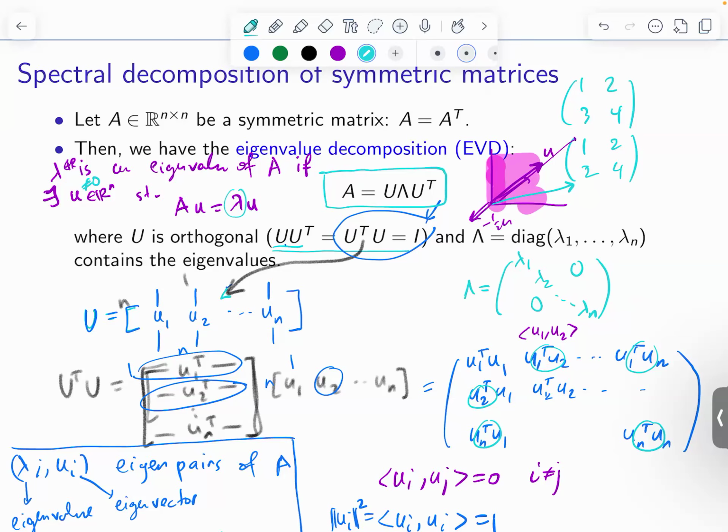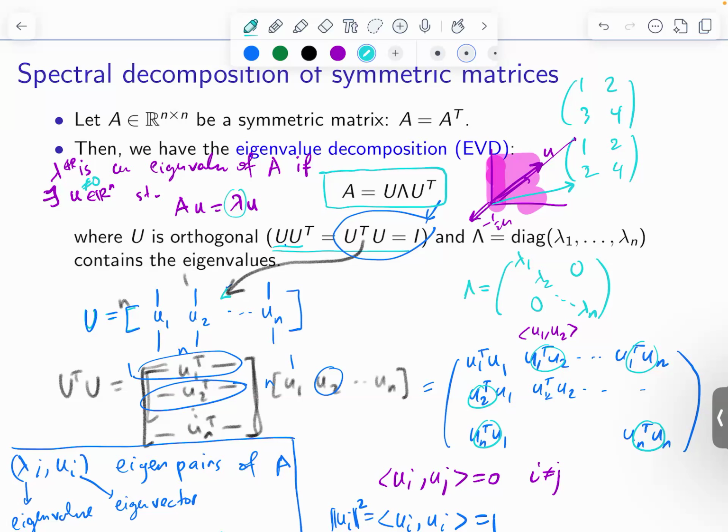Okay, so the way that U and lambda are constructed is from the eigenvalues and eigenvectors. And in fact, if I give you a decomposition like this and tell you that U is orthogonal and lambda is diagonal like that, you can prove that these are the eigenvalues and the columns are eigenvectors.